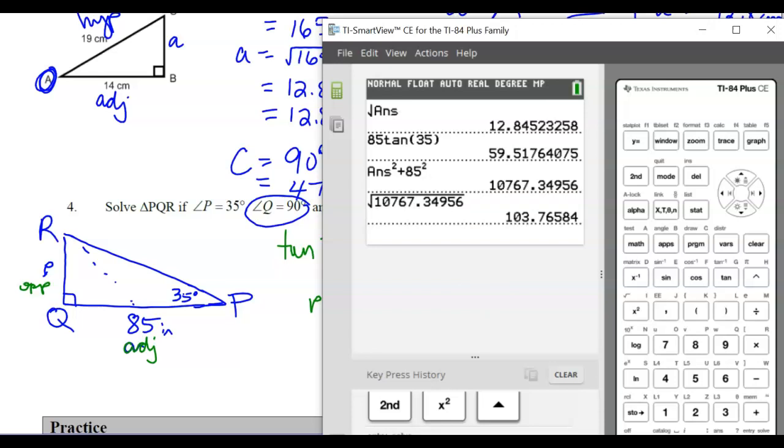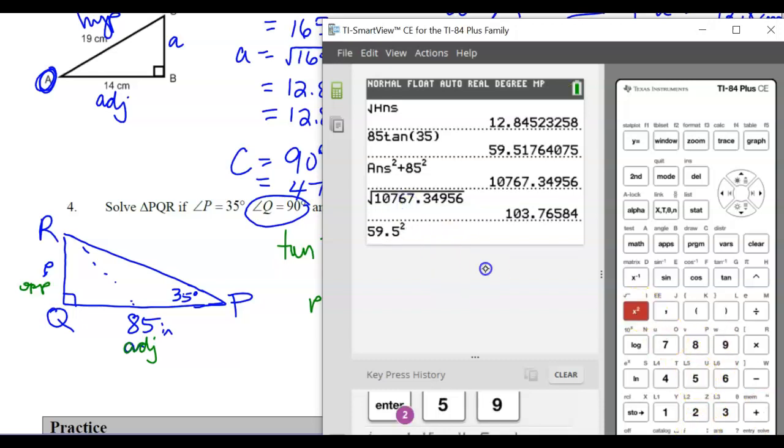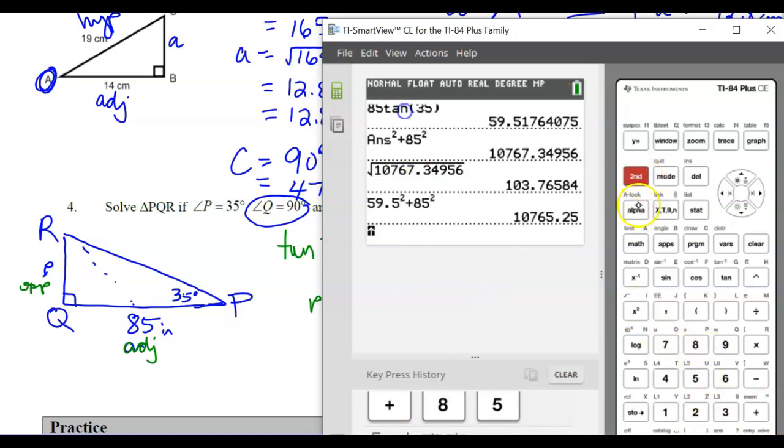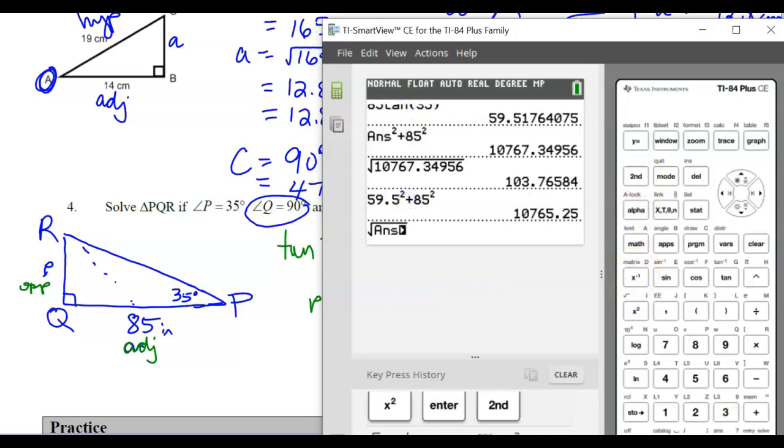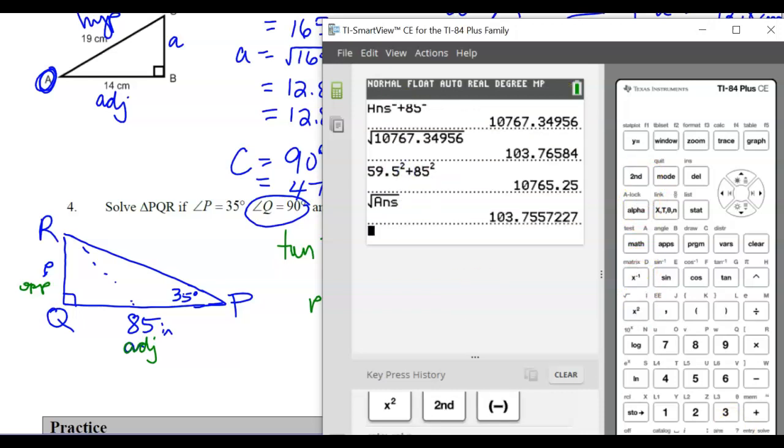Okay? Let me show you, if I rounded it and just used 59.5, I would get, actually, to one decimal place it would be the same, but to two decimal places it would be off. So you want to keep those decimal places. Now, saying that, I'm not going to use the Pythagorean theorem.